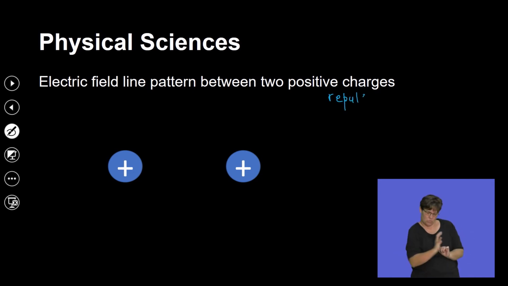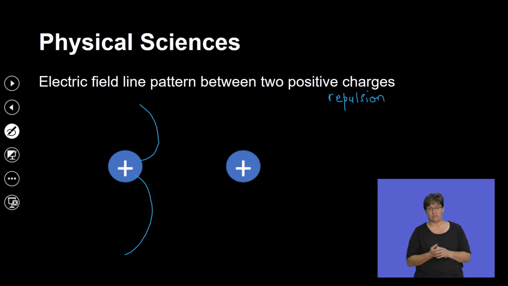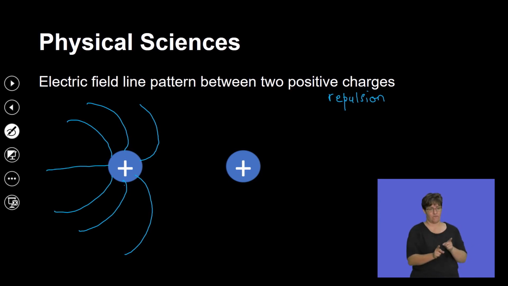Now, you can think of repulsion in terms of pushing away, because at a very basic elementary level, we understand that a force essentially is a push or a pull, right? So the force that exists between these two is a force of repulsion. So these are the field lines as a result of that. Now the direction, very important, is away from the positive. That won't change.